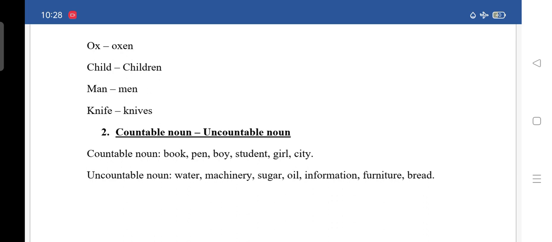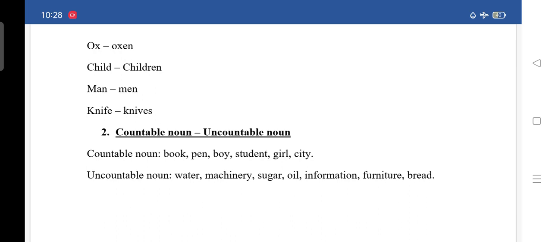We can't count like books, 1, 2, 3. We will count some volume of bottles, like that, in which it is stored. We can count those, but we can't count water. Machinery also we can't count. Sugar, can we count those crystals? No. Oil? No. Information, can we count information? No. Furniture.